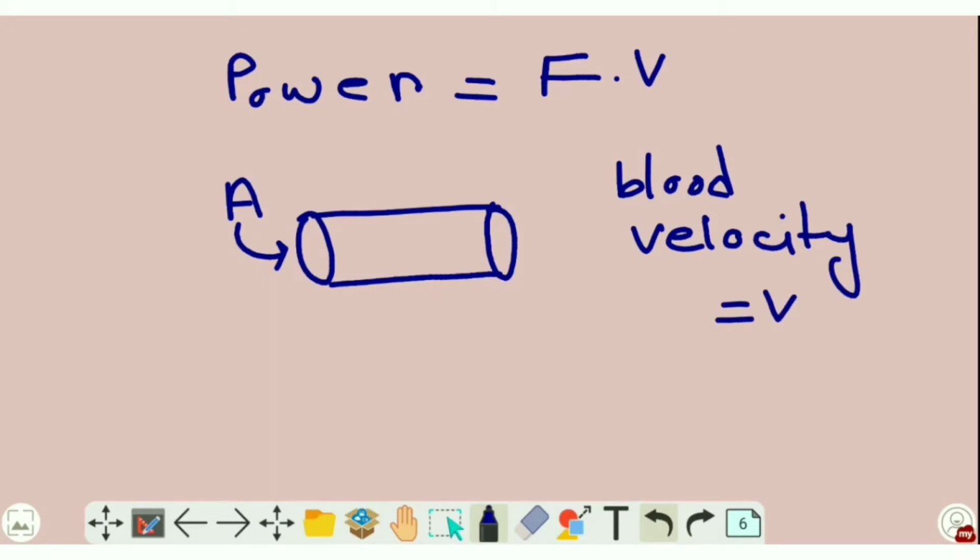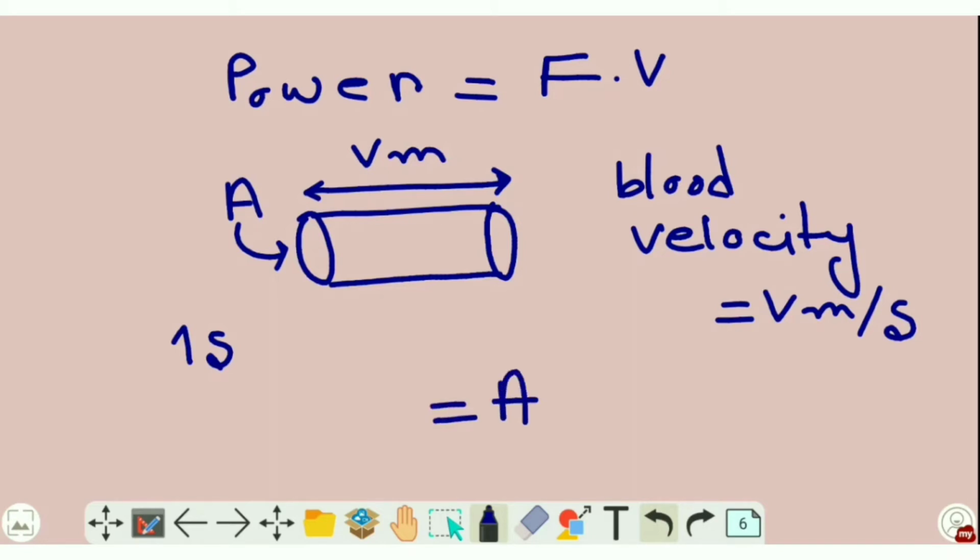As this is v meter per second, that means in 1 second the blood will move v meter. So the area is A and in 1 second it goes v meter. So we can have the volume crossed in 1 second equal to A into v.